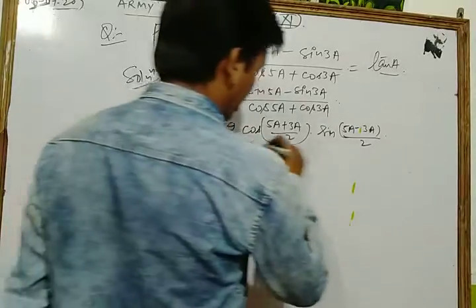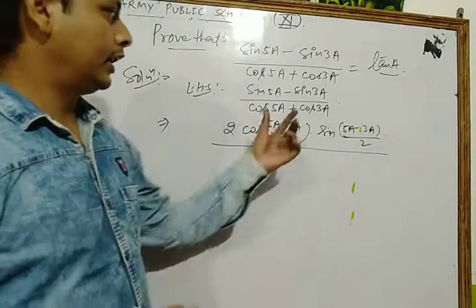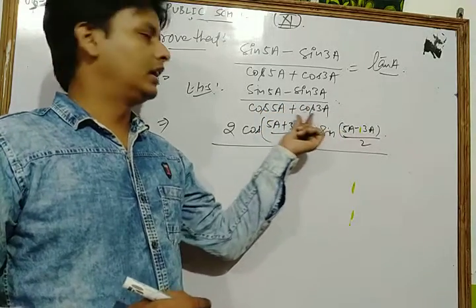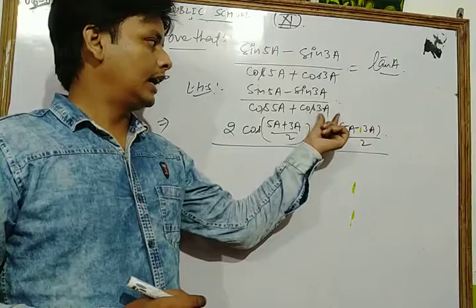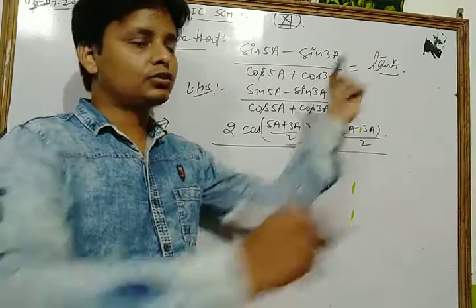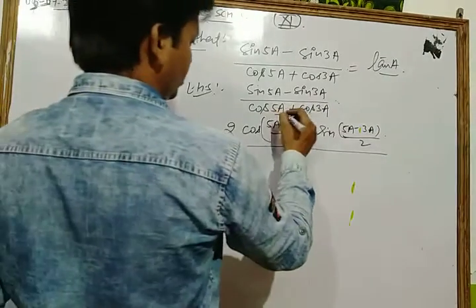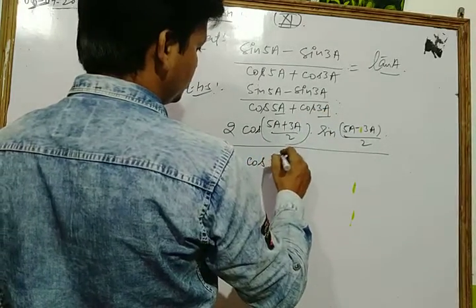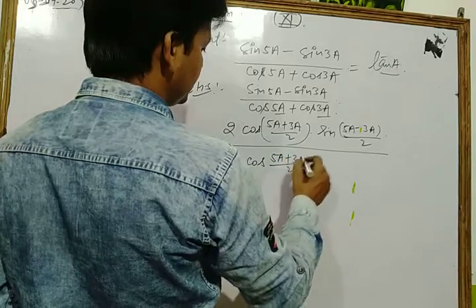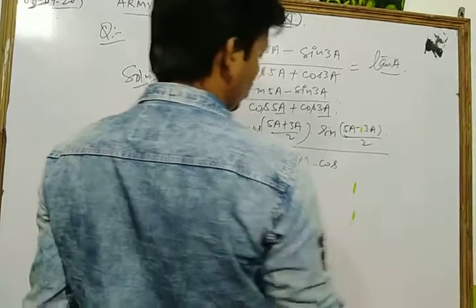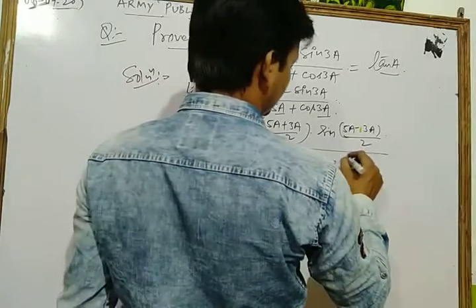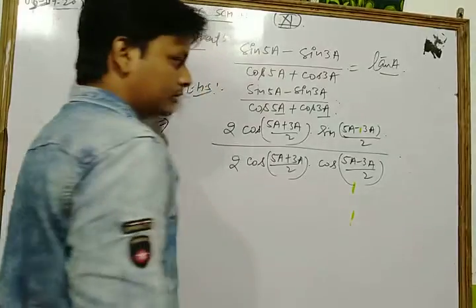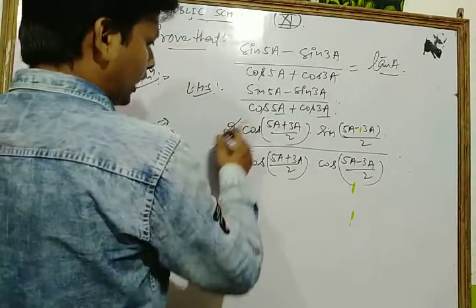Okay, now in the denominator we also apply the formula cos C plus cos D. Here C is 5A, and D is 3A. So we apply the formula cos C plus cos D, then we get 2 cos (C plus D) by 2 into cos (C minus D) by 2. Okay, now let's see, here 2 cancels.